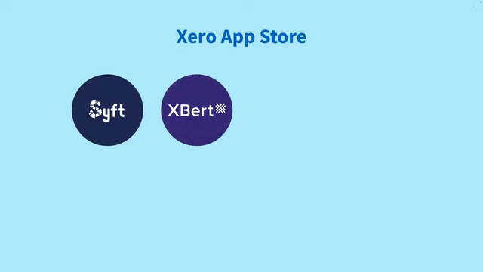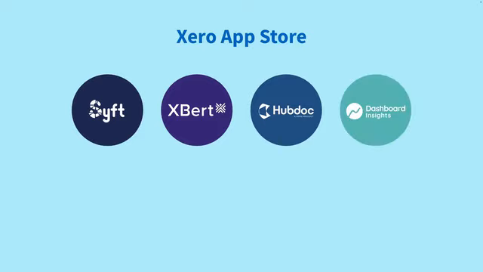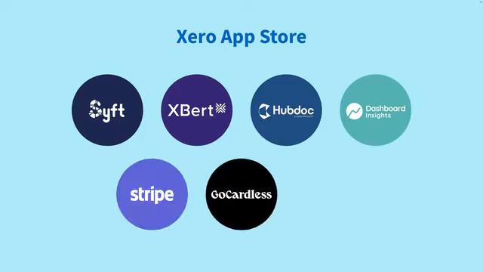Reporting apps like Sift and Expert provide awesome insights, data accuracy checks, and multi-entity consolidation. Data collection apps such as HubDoc can extract key data from documents like invoices. Power BI tools like Dashboard Insights help you to get more visibility over your business operations.